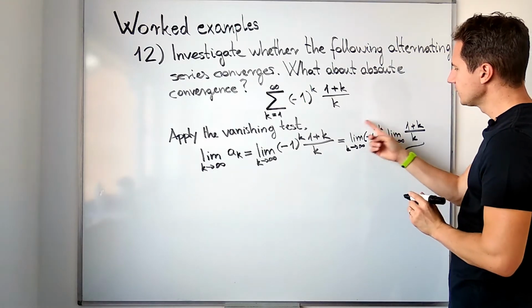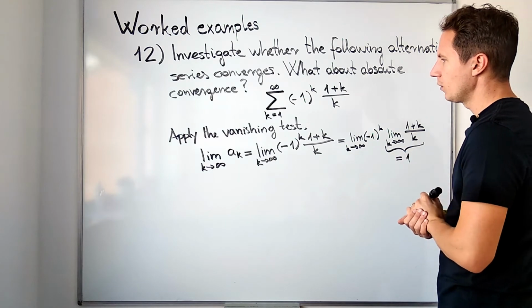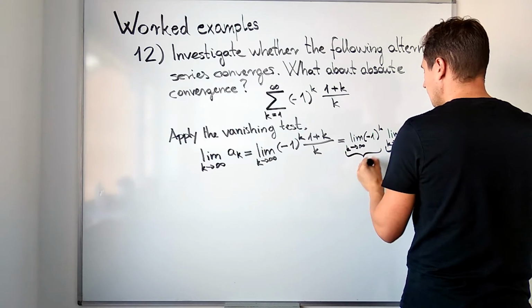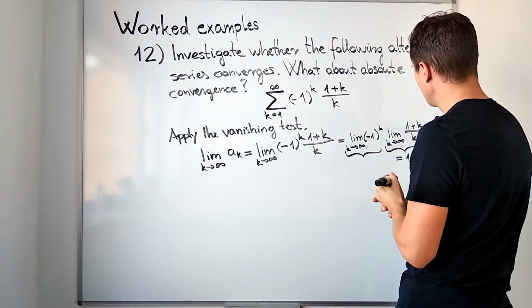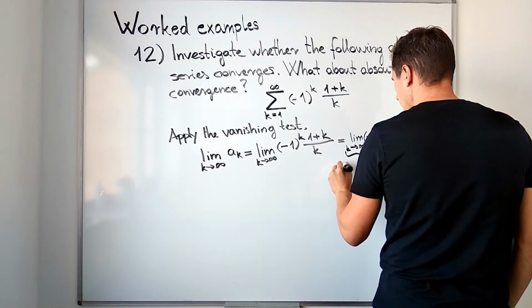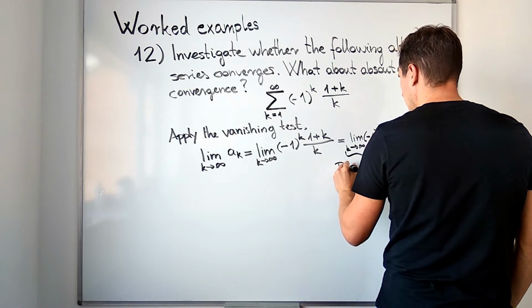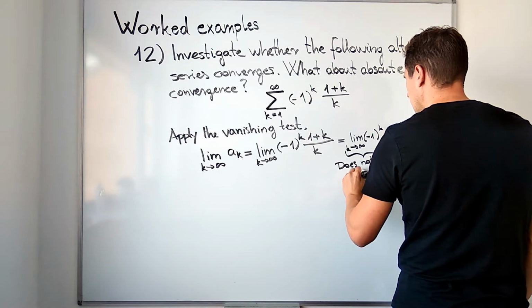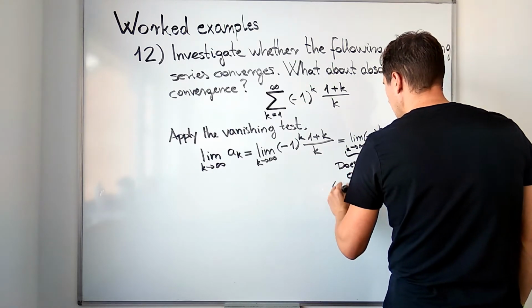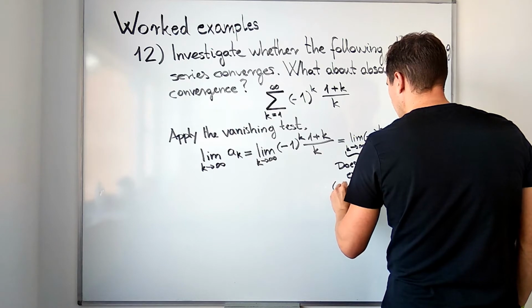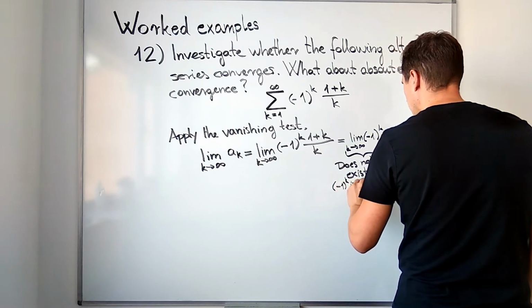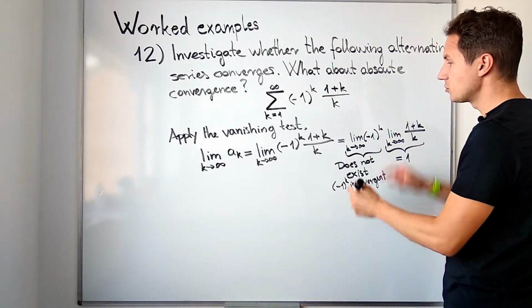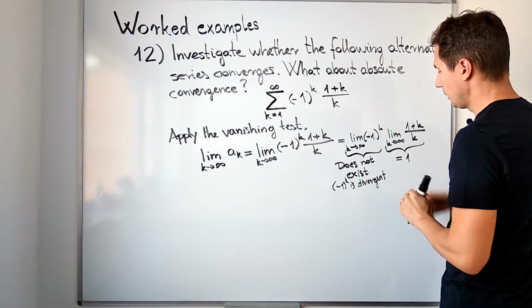Okay, so unless this goes to 0, the series will fail the vanishing test, and this series is not even convergent, so the limit does not exist. The sequence (-1)^k is divergent. It does not have a limit because it's jumping between -1 and +1.